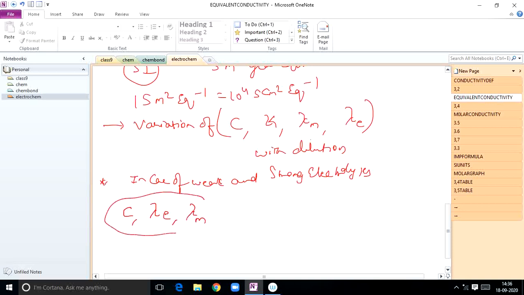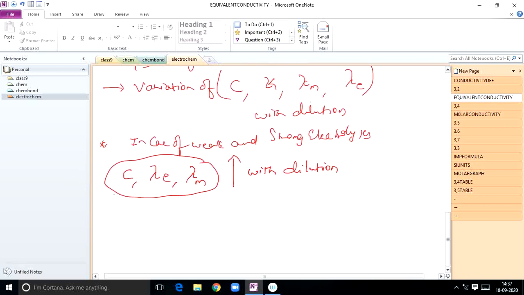These three terms increase with dilution. What are the three terms here? Conductance, equivalent conductance, molar conductance increase with the increase in dilution.